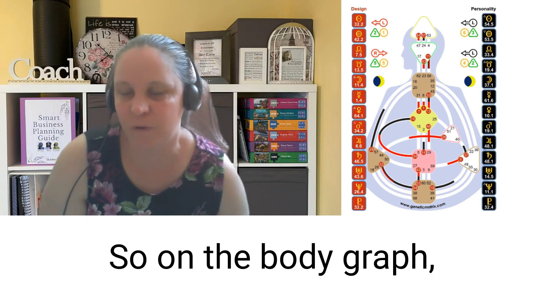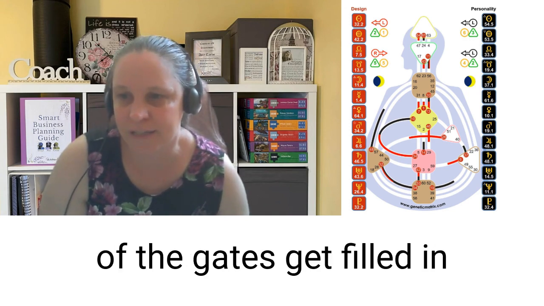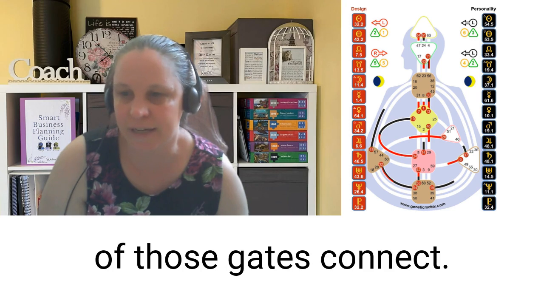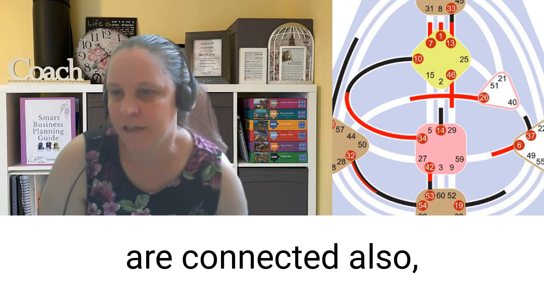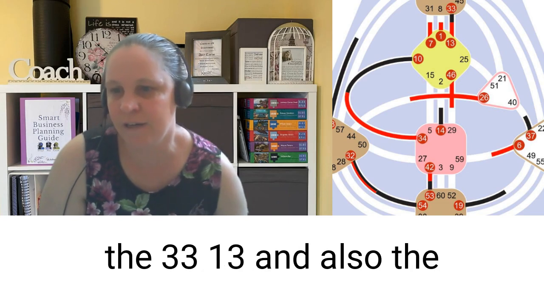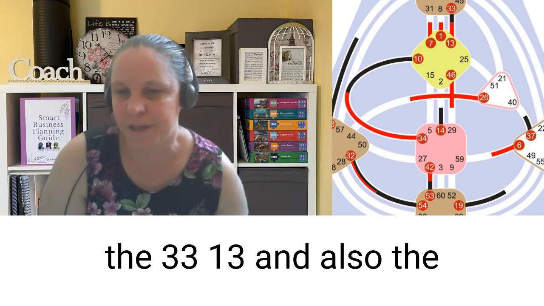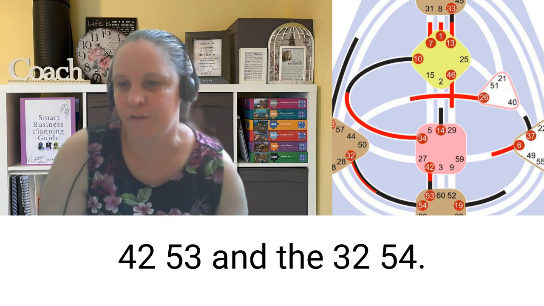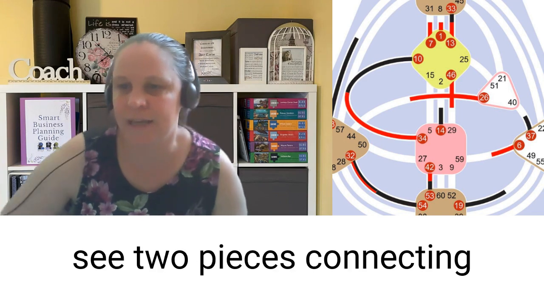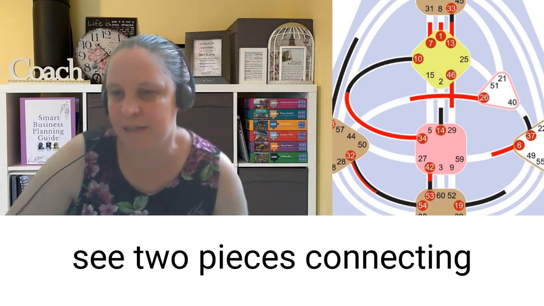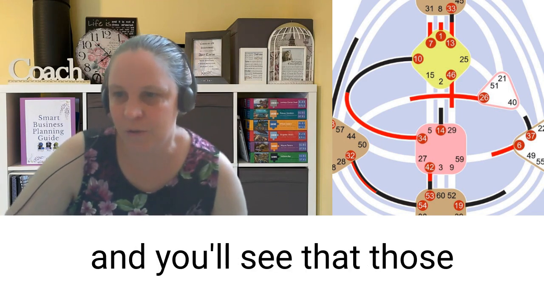On the body graph, all of the gates get filled in, and you can see some of those gates connect. For example, on my chart, the 34-10 gates are connected. Also the 33-13, and also the 42-53 and the 32-54.